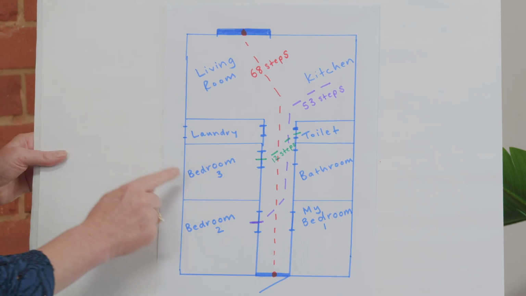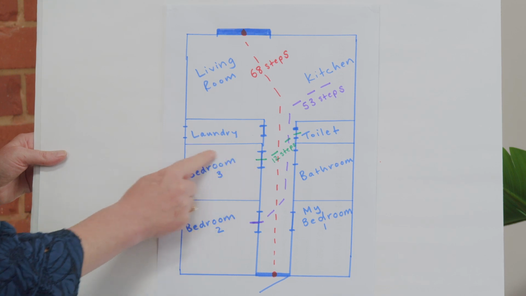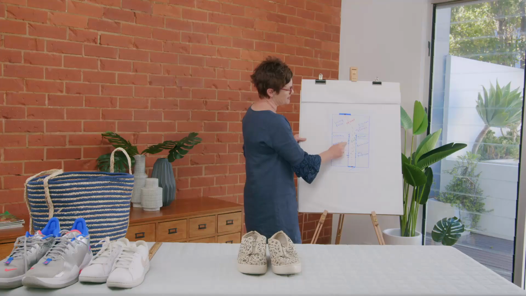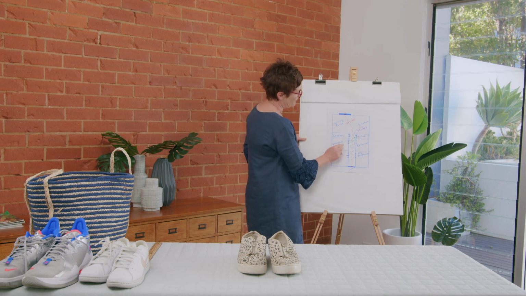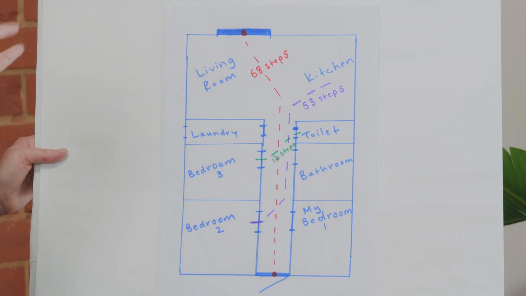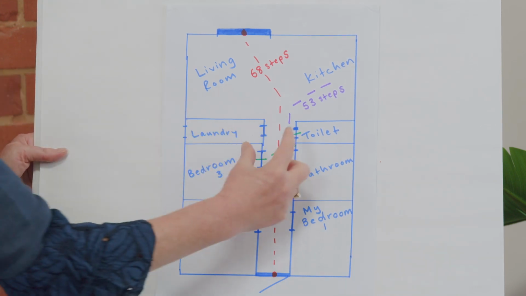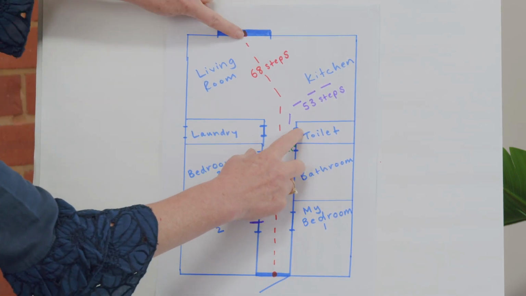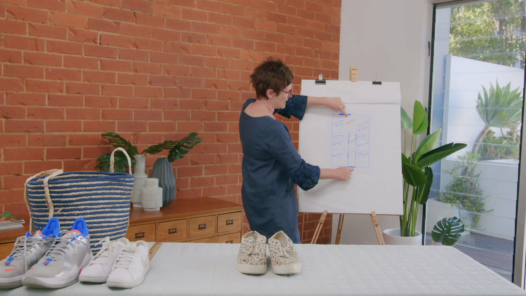She also asked me if she was staying in bedroom 3, how many steps, maybe in the middle of the night, would she need to get to the toilet? And that would be 12 steps. I did estimate that at around 10. I did think it might be that few because I knew there was around about 68 steps all the way through.